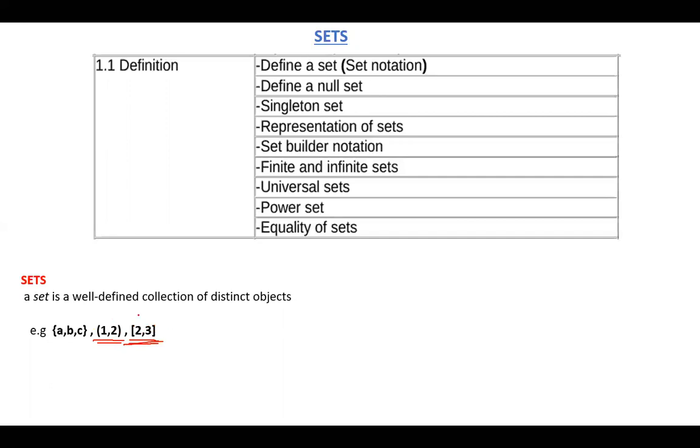In short, 2 and 3 are part of the set. So when I write 1, a comma, then 3 with these brackets, this simply means 1 is not part of the set, but 3 is part of the set.